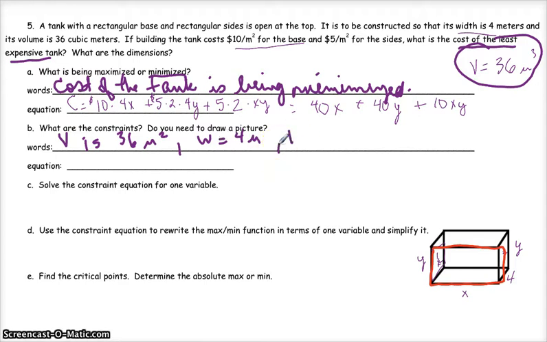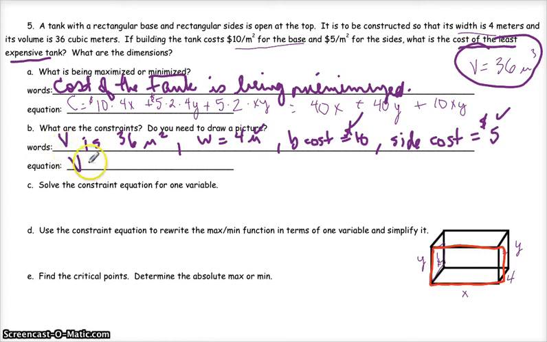We could also say that the base cost is $10 and the side cost is $5.